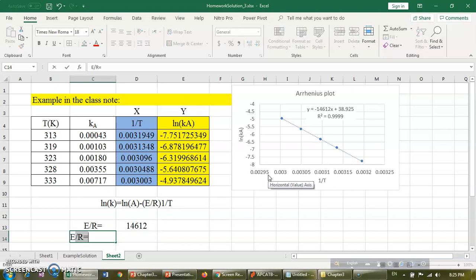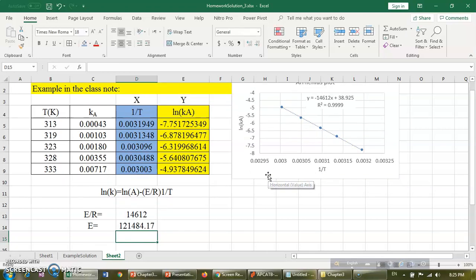So the activation energy E will be E by R multiplied by R. R is the gas constant, right? Here we want to use joule per mole, so we use 8.314.